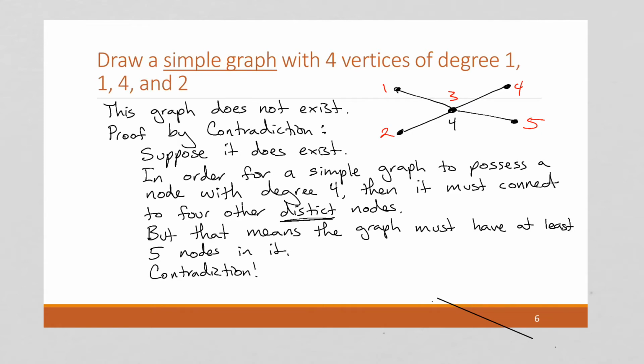Our contradiction is that we said this graph, as stated in the problem, which has only 4 nodes, was a simple graph with those degrees, and it doesn't exist. So that's our contradiction. Therefore, this graph cannot exist.